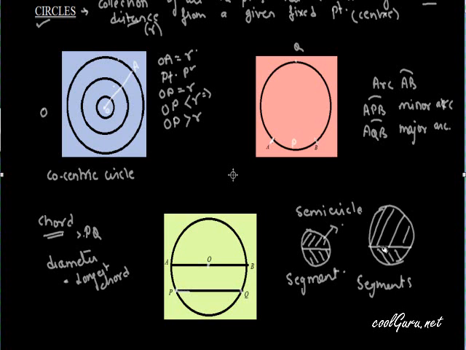The segment containing the minor arc is called the minor segment. Similarly, the segment containing the major arc, this one, is called the major segment. So these are some terms related to circle which you must know about.